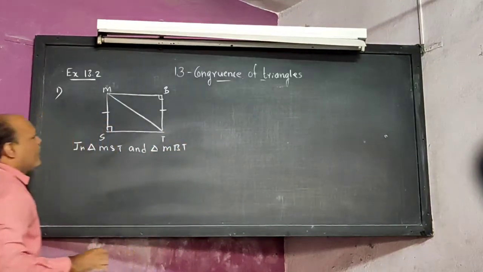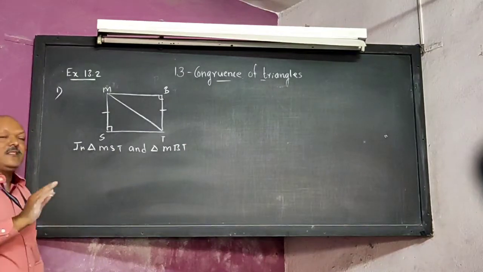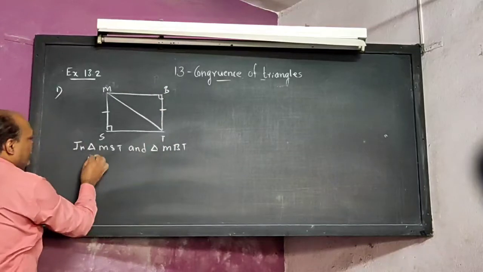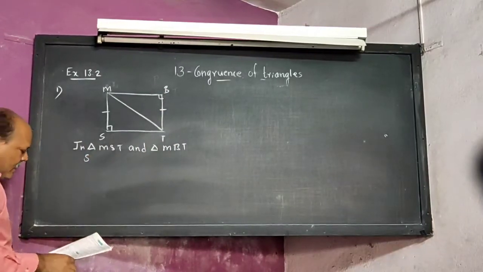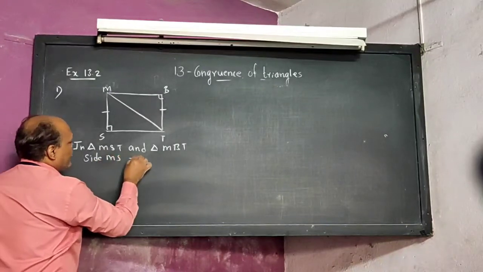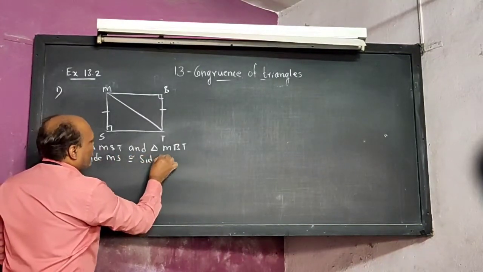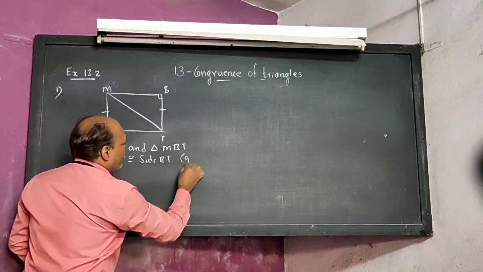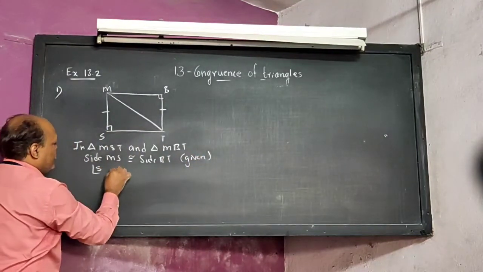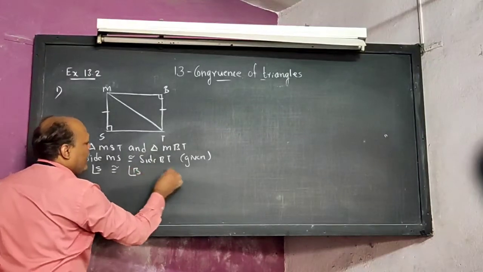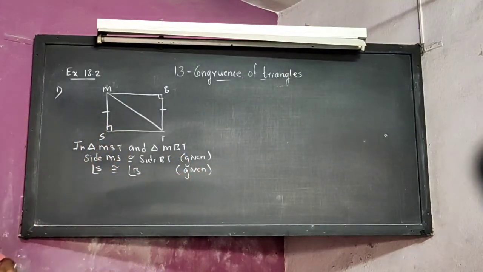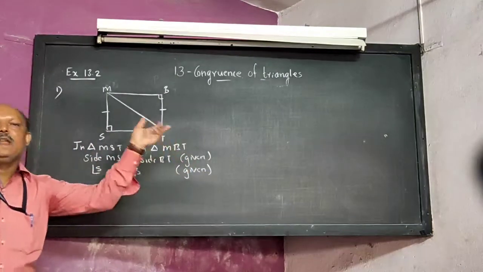Now first of all we will write whatever the corresponding sides are marked. Here we can say side MS is congruent to side BT, that is given to you. Angle S is congruent to angle B, that is also given to you. In the beginning I said that two parts will be given to you and the third we have to find.